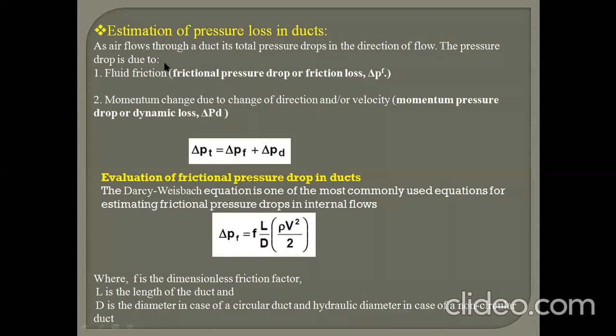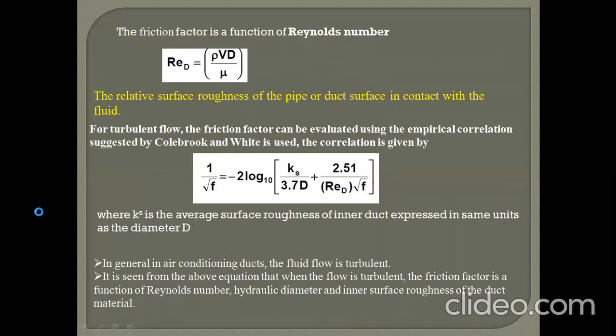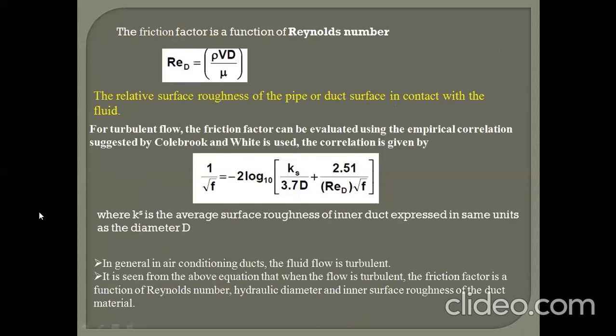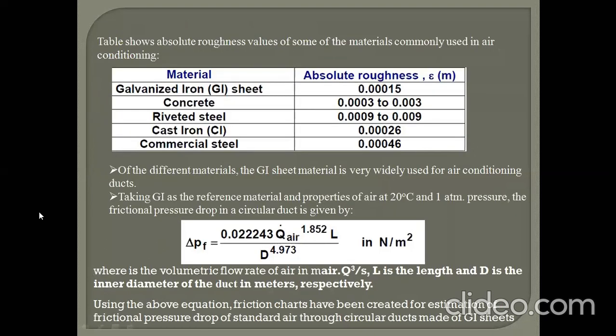About friction loss, all of you know that this friction loss is given by the Darcy-Weisbach equation. Then, considering a roughness factor for the GI sheet, or GI material, we derived this equation for frictional pressure loss through a duct.